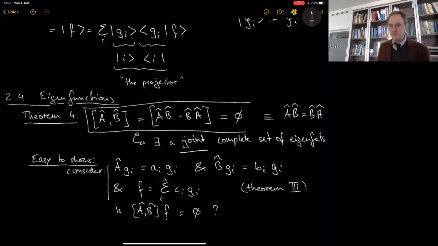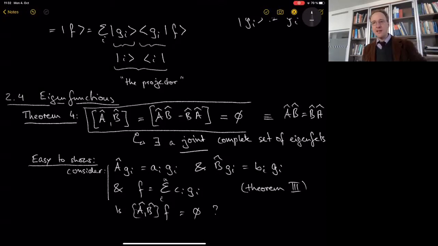Okay. So remember, when you deal with commutators, if you just look at them without any functions, it's a bit abstract. It's always easier if you actually use some function, right? So that's what we're going to do.